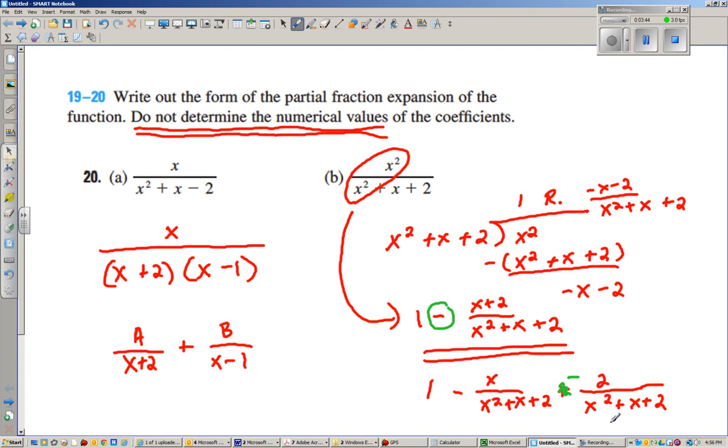This last one, though, we got a quadratic in the denominator, and boy, it's going to take some fancy work to get that third one done. So thank God they didn't ask us to work at that. So I believe that if we had answers in the back, that would be 20b, and 20a would look just like that. So hopefully you can do 19 without a problem.